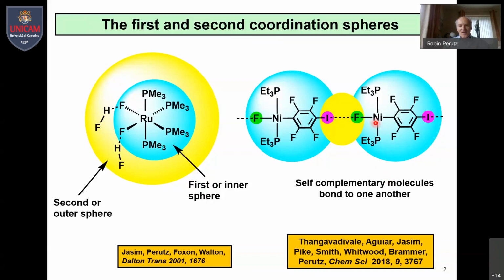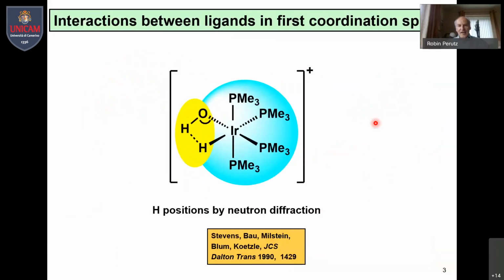So I will show you some more examples of both this one on the left and this arrangement on the right. In addition, I want to mention interactions within the first coordination sphere, but between the ligands of that coordination sphere. So this time we have an iridium complex. It's again got 4 trimethylphosphines and a hydroxide ligand and a hydride.